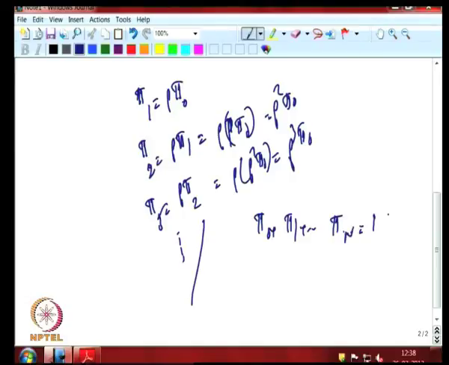So pi 0 is common: pi 0 times 1 plus rho, 1 plus rho square, etc., equal to 1, okay.